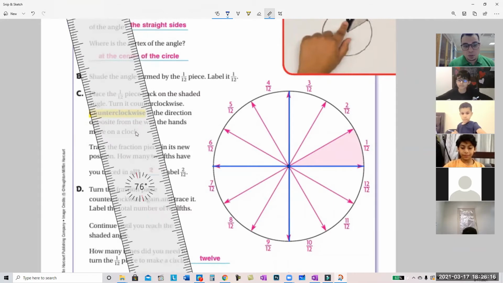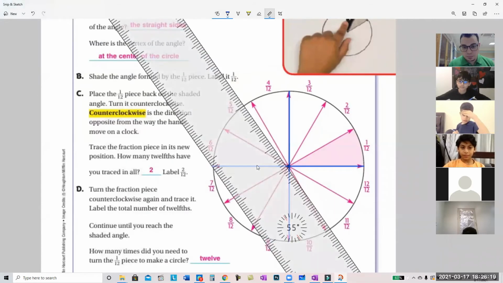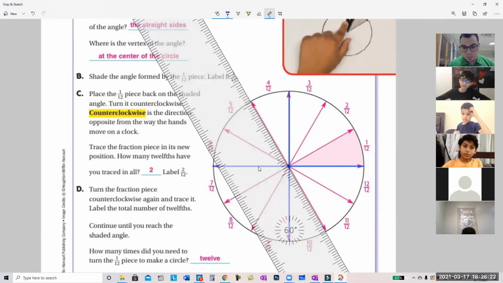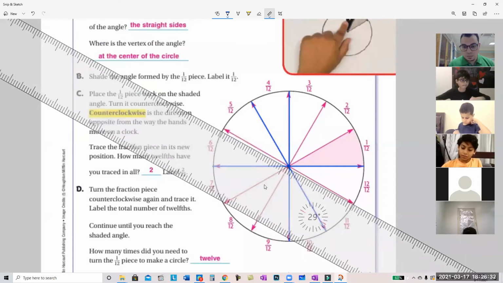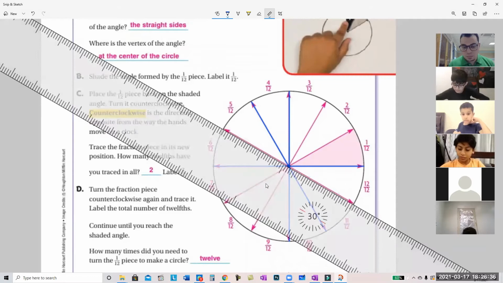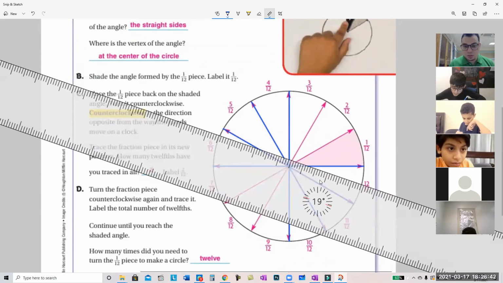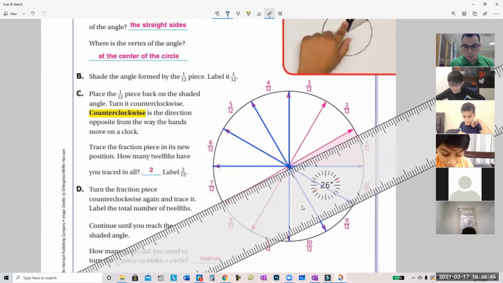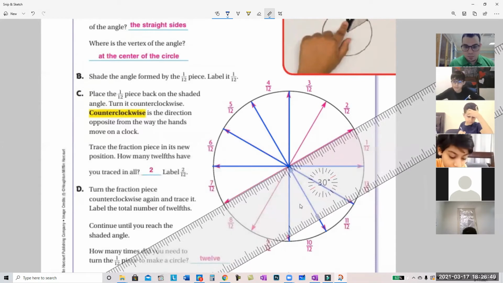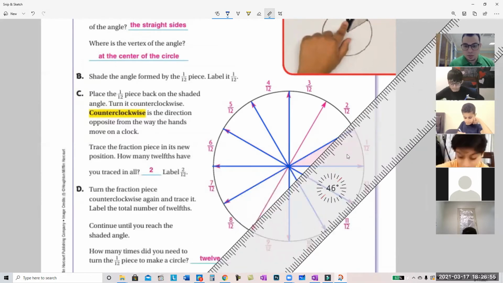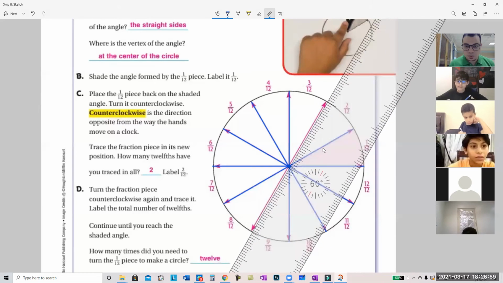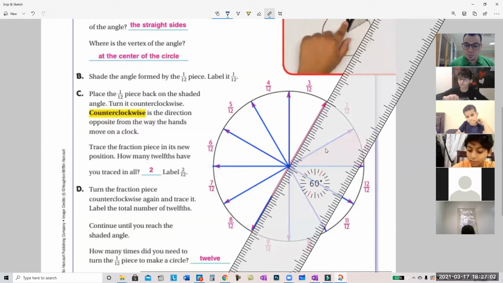Okay, so let's divide it like that, and divide it again like that, and then adjust your ruler and divide this again, and the last part here like that.